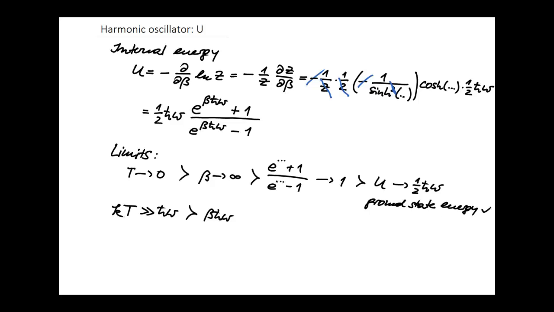This implies that beta h bar omega, so the exponent in this exponential, becomes very small. It becomes much smaller than 1. This implies that the exponential can be approximated to lowest order by a first order Taylor expansion. So you can approximate that by 1 plus beta h bar omega.